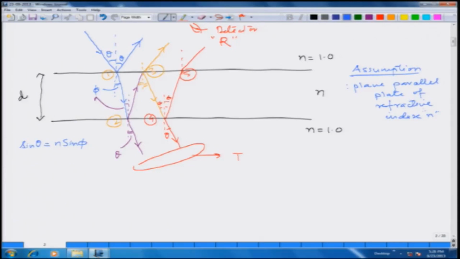And we are going to take up this problem, at each interface, we are not going to assume any phase change. So, no phase change at interface.